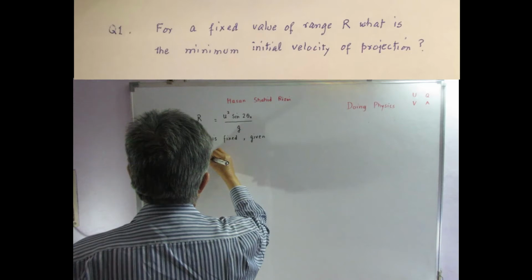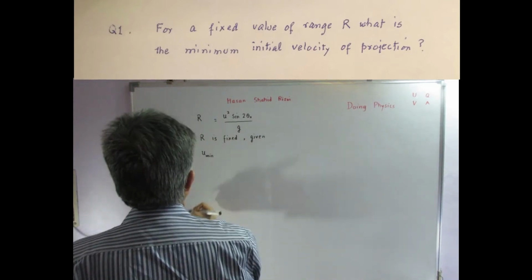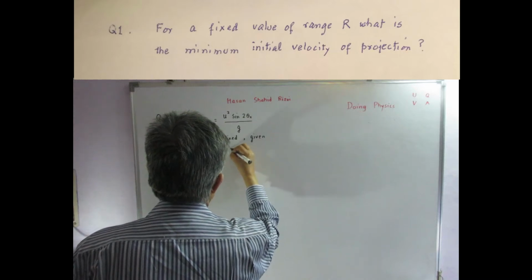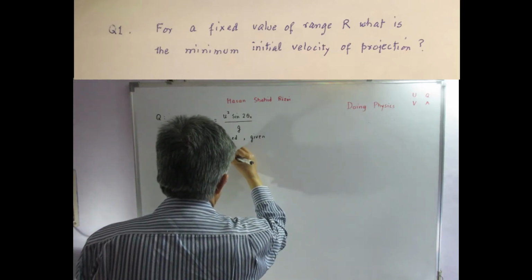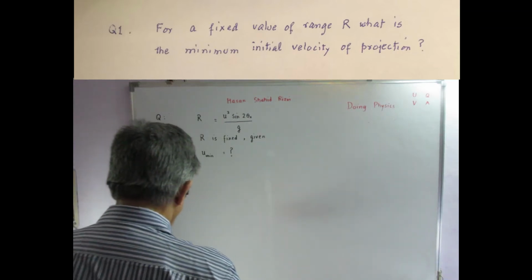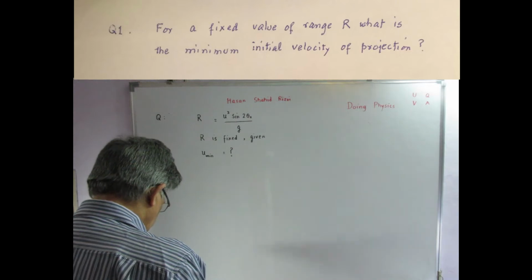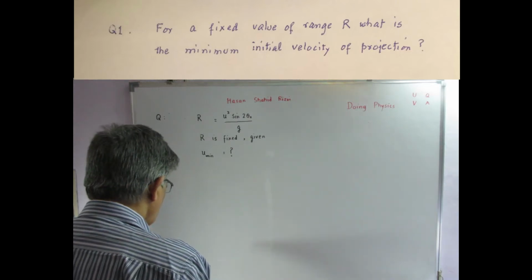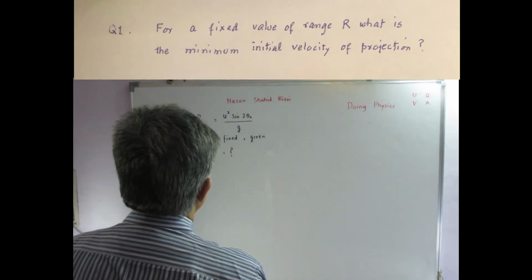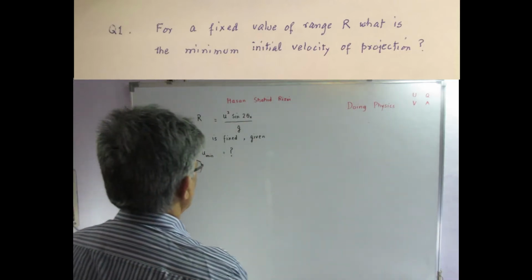U minimum. What is the minimum velocity of projection so that I can obtain the range? Therefore we have to find out the value of u minimum.